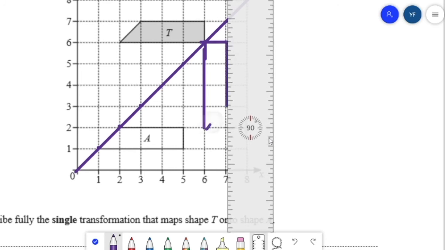And I'll match the two edges. So here we have our reflection.